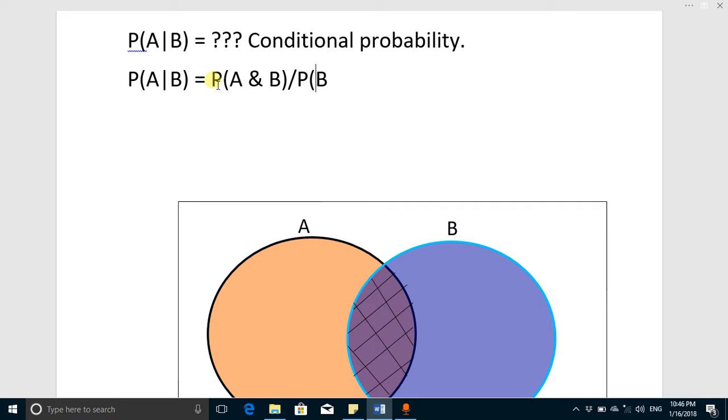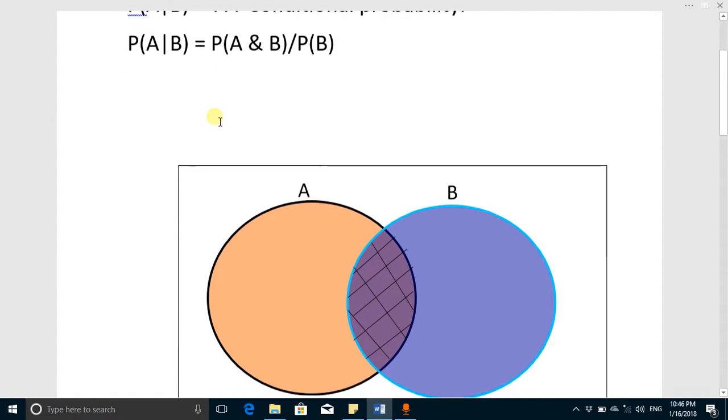So this is the formula of conditional probability, which says the probability of A given B is equal to the probability of the shared area between the two divided by the probability of the whole area of B. So this is the basic law of conditional probability.